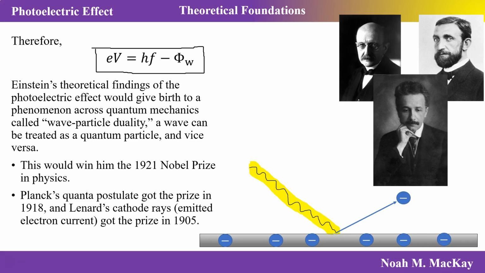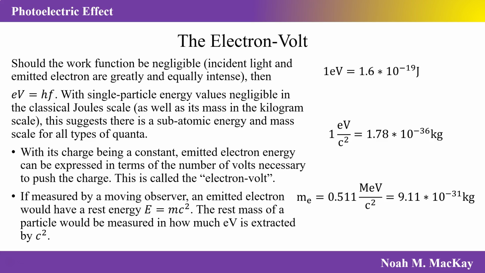As we are able to understand the relationship between emitted electrons and incident light, let us suppose that the energy of the electron and of the light are equally intense. If that's the case, then we can neglect the work function and say that eV is equal to hf.